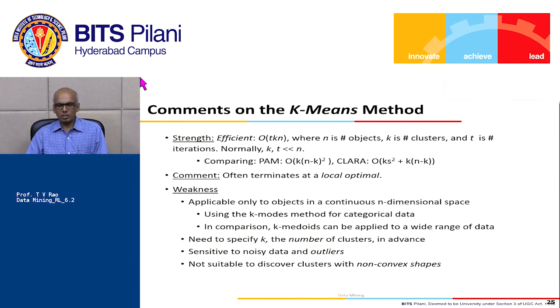And to just retrospect on k-means, one significant characteristic is that it's a very efficient algorithm, and it is linear with respect to the number of objects, the number of clusters, and the number of iterations. And so it is efficient. And compared to some other algorithms which are based on partitioning, it is even more efficient.